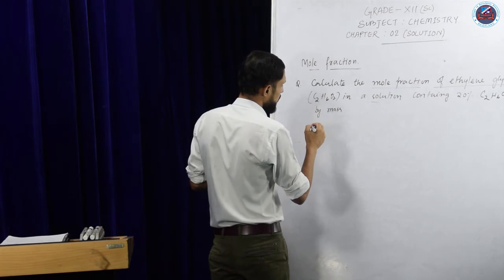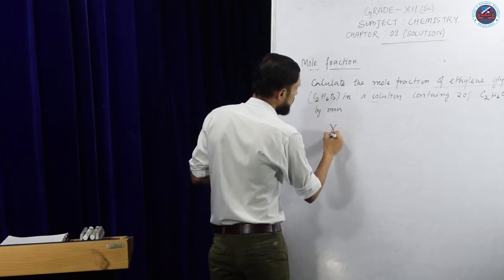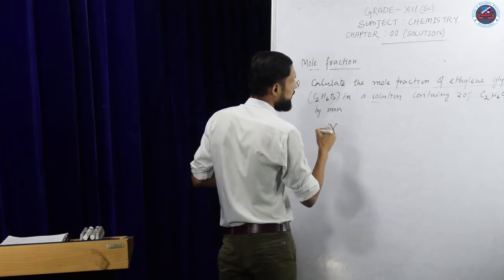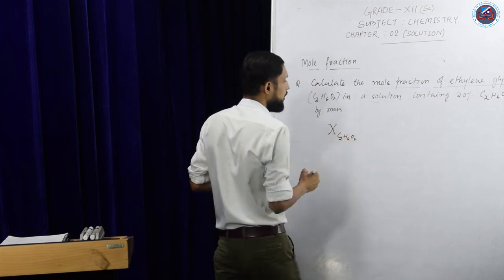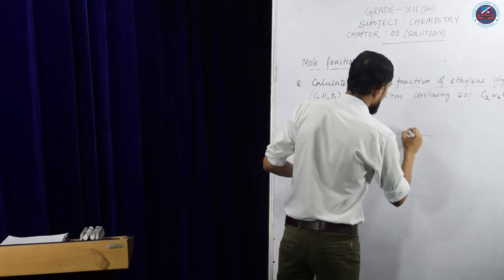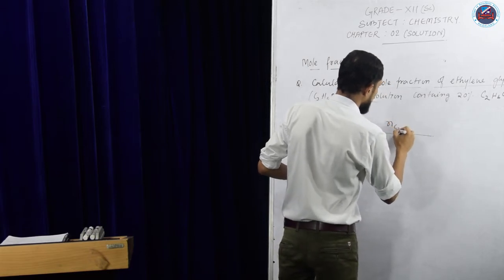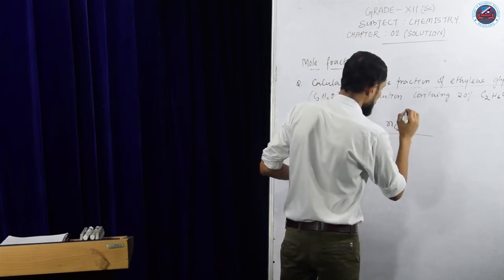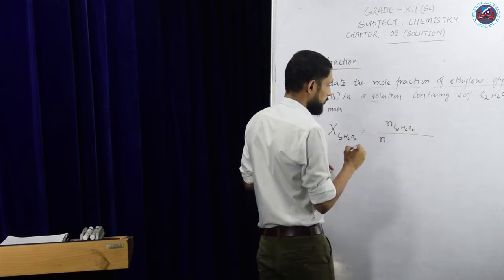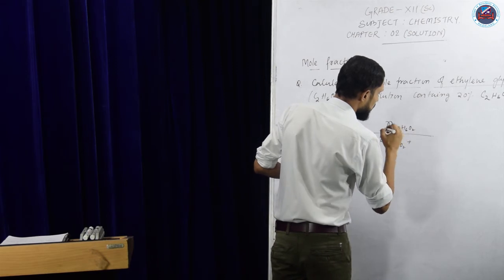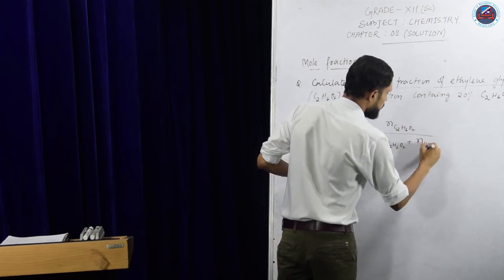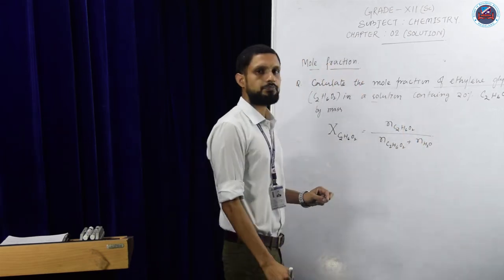So first, write down the formula, that is mole fraction of ethylene glycol, C2H6O2, is equal to number of moles of ethylene glycol, C2H6O2, by total number of moles, that means number of moles of ethylene glycol and number of moles of water.